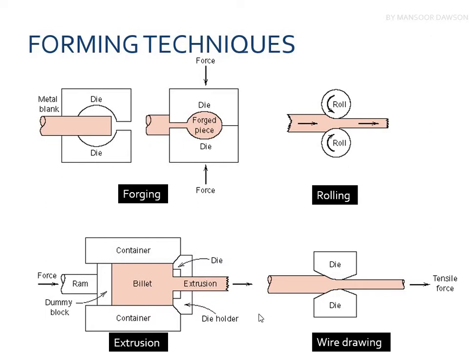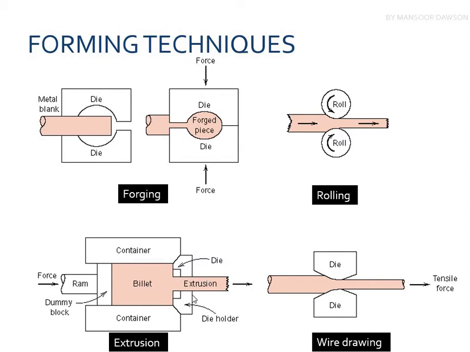Next we have extrusion. In extrusion we have a die, and this is the die holder, the container which contains all the dies. We insert our billet inside the container, which is usually done at high temperatures, and a force is provided from behind by the ram, and through that die your billet is produced.